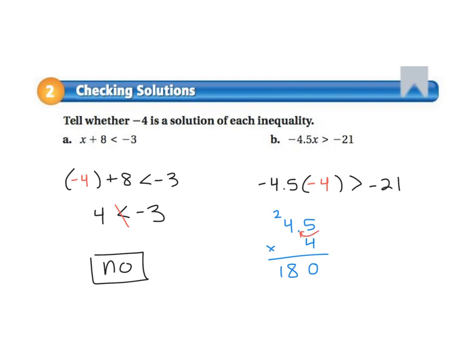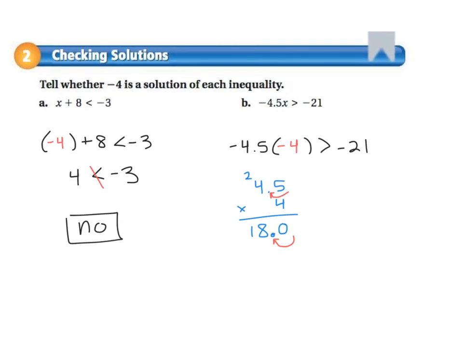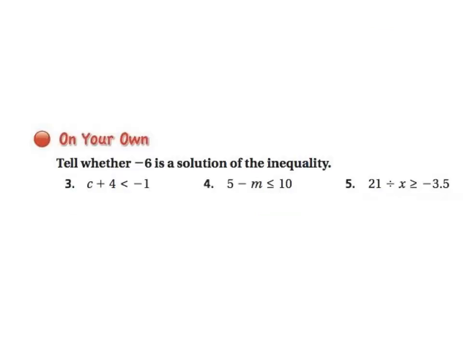So we have 1 movement here, so we do the same thing here. So it ends up being 18. Now we know a negative times a negative becomes a positive. So this says positive 18 is greater than negative 21. Now this is a true statement. 18 is larger than negative 21. So you would say, yes, this is a solution for the inequality.